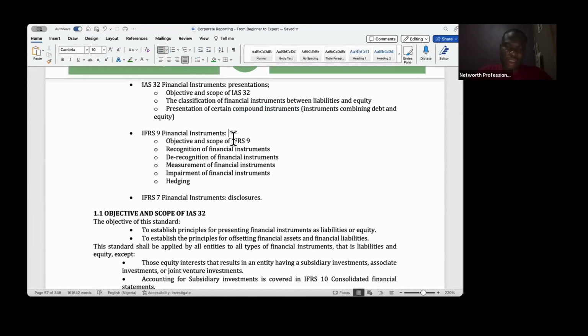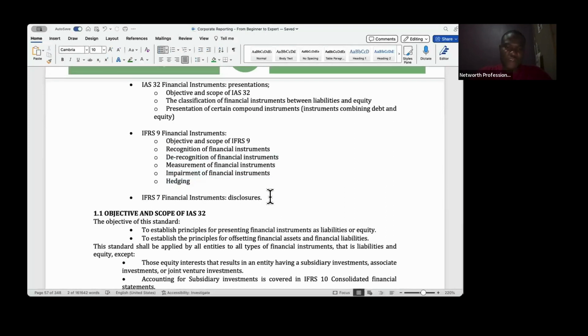In this standard, we'll look at recognition of financial instruments, derecognition, measurement, and impairment of financial instruments. And there's also hedging, which we are not going to look at, as it is not within the ICAN syllabus.